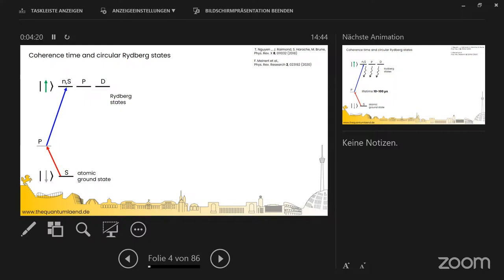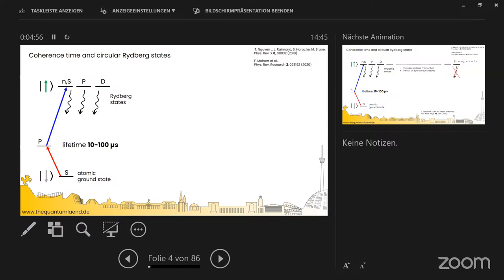The standard approach to implement a spin or a qubit in this platform is that you encode this in, let's say, the ground state of your atom and an S state, or in the alkaline earth atoms it can also be P states, metastable P states, and then you connect this via 1 or 2 photon transitions to Rydberg states that are S states or P states or D states, very low angular momentum states, and this forms your qubit. The Rydberg state then gives you the interactions between atoms on neighboring sites.